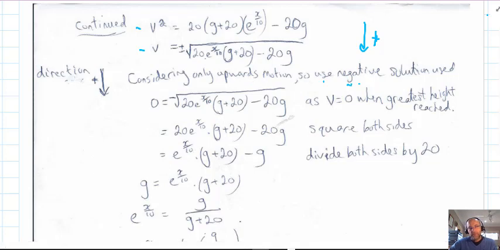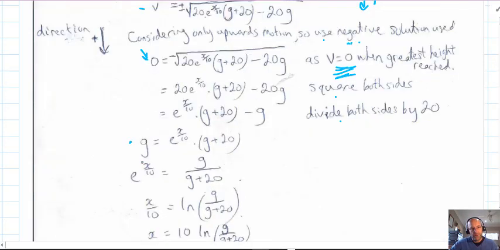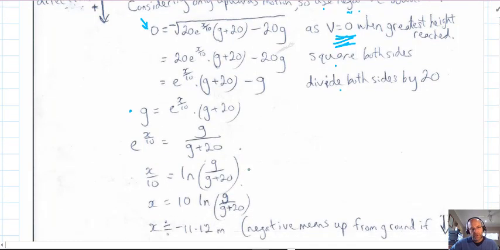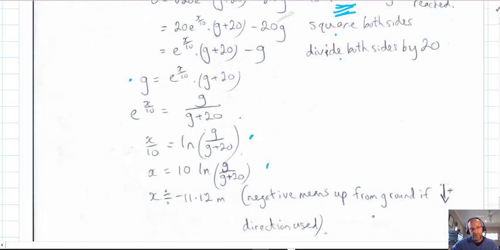So using an important fact, now hopefully you realize velocity will be 0 when it reaches its greatest height. So we set the velocity equal to 0 there, and we go through and algebraically rearrange, and we get an expression which involves x, but it's in terms of g, so we need to rearrange and take logs to both sides, multiply through by 10, and we get an answer which is negative, and that's fine.